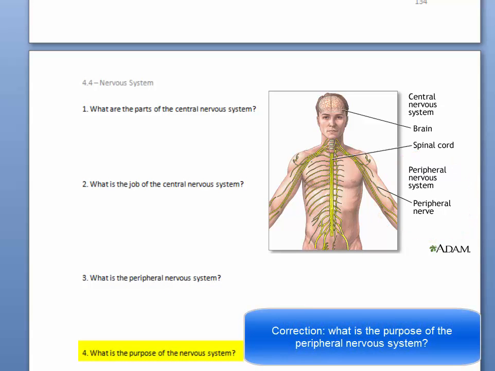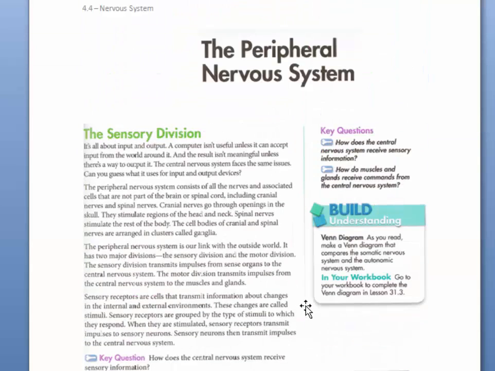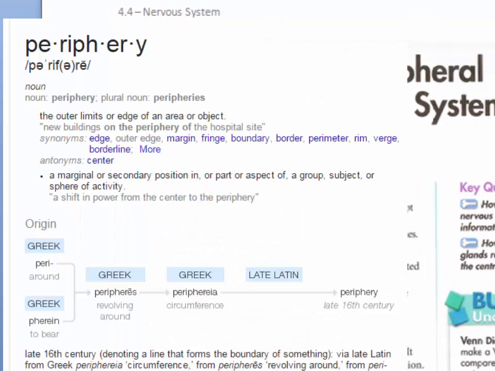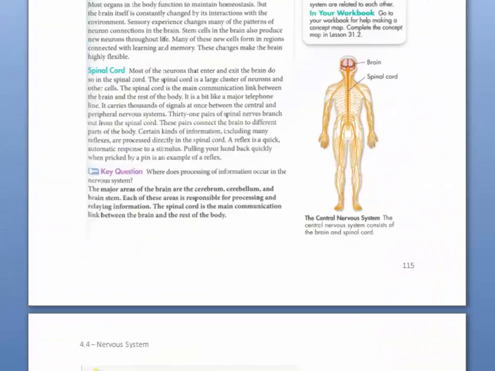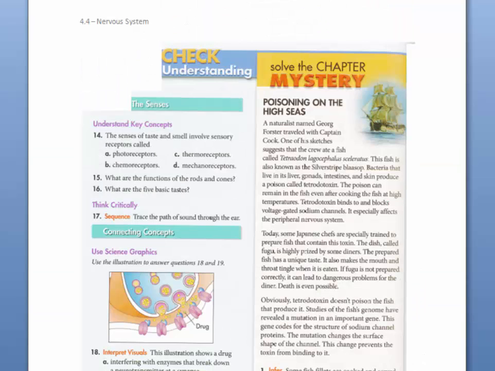On page 120, you'll learn about the peripheral nervous system, and a big clue is peripheral, periphery. The word periphery means on the outside. Peripheral means on the outside of the central nervous system. So all of these things that are branching off from the spinal cord are the peripheral nervous system.